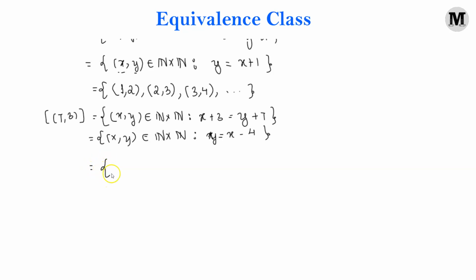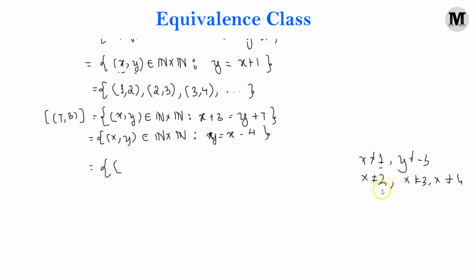Now we can easily define the ordered pairs. If we consider x equal to 1, then what is the corresponding y value? That's going to be negative 3. But y cannot be negative 3 because y has to be a natural number. So we cannot take x equal to 1, 2, 3, and we also cannot take x equal to 4.